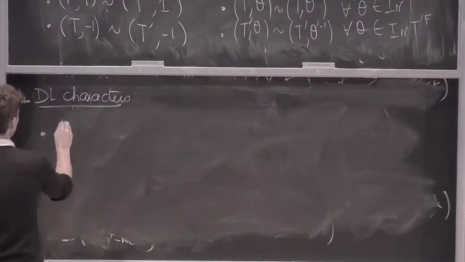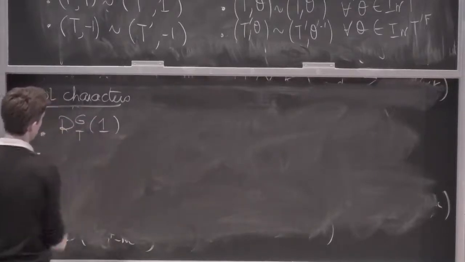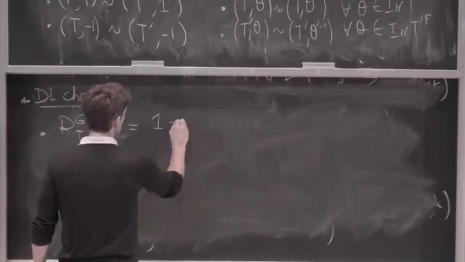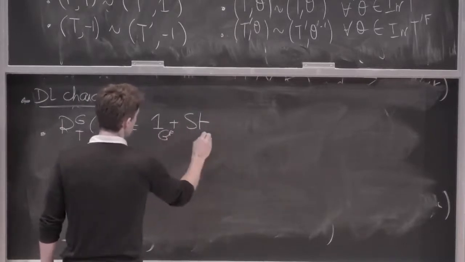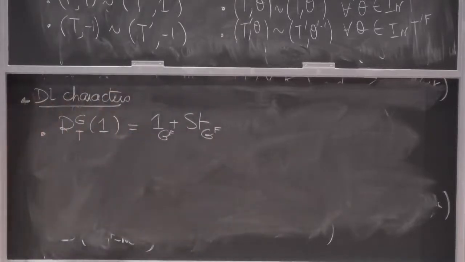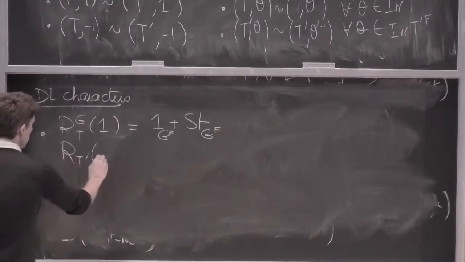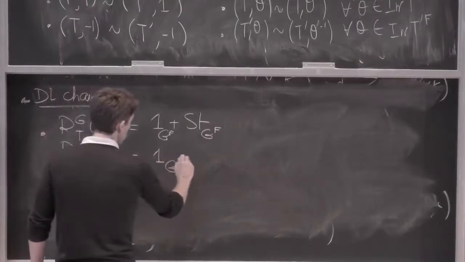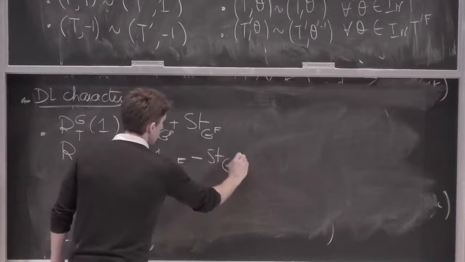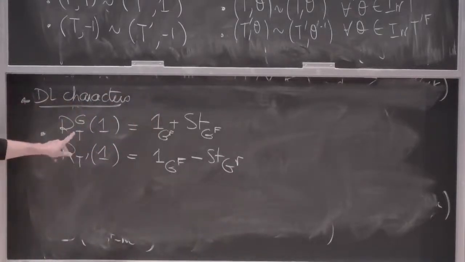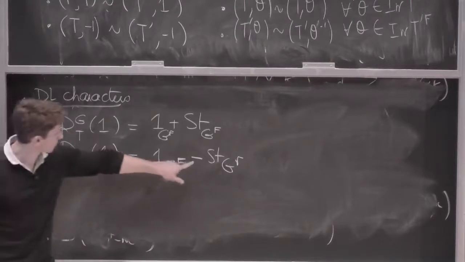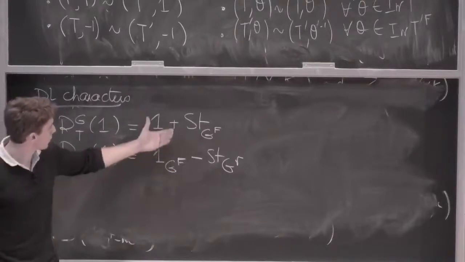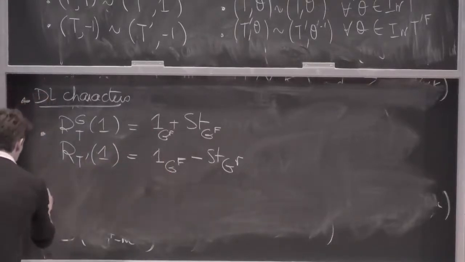For the first one, for the trivial character of the split torus, that's the usual induced representation, and you will get the trivial character of G plus the Steinberg character of G. If you do the one with the non-split torus, you get almost the same thing, except that you have a minus here. So you can check that these characters are orthogonal if you take the scalar product because of this -1 sign, but that doesn't mean that they have different characters occurring. So that's very important to differentiate these two things.